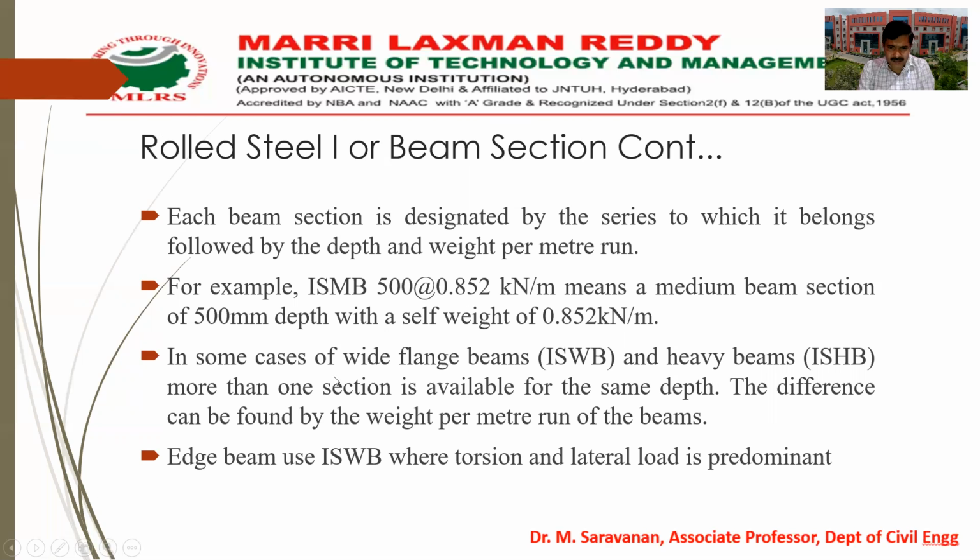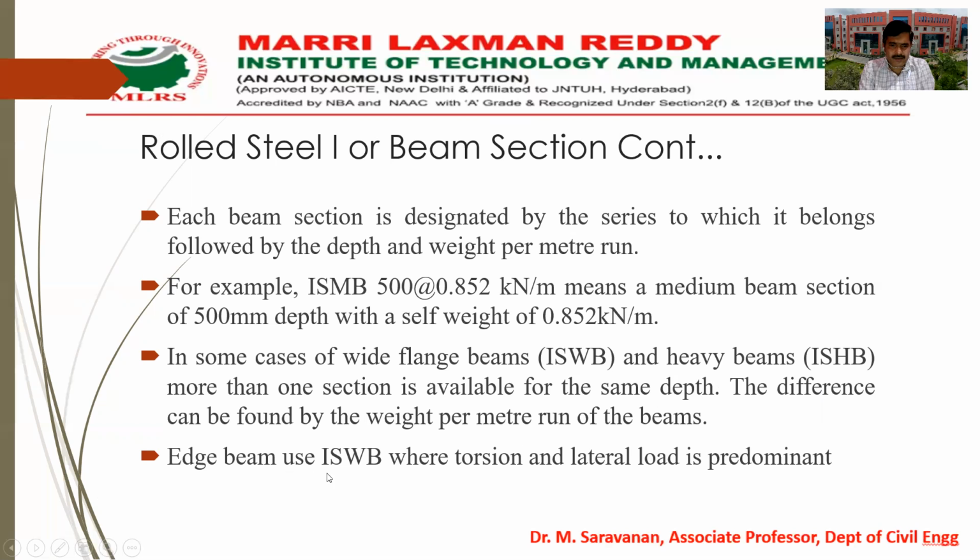In some cases of wide flange beams, that is ISWB, and heavy beams ISHB, more than one section is available for the same depth. For example, ISWB 600 or ISHB 600. For the same depth, two sections are available. The difference is the weight. The weight may differ, but the depth is the same.